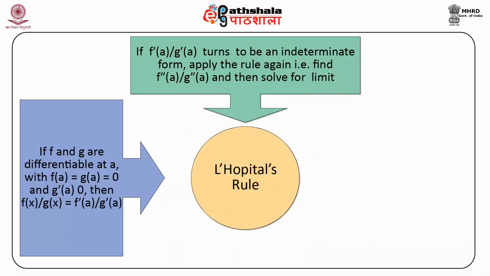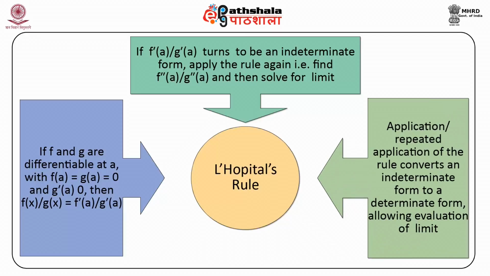If f dash(a) upon g dash(a) also turns out to be an indeterminate form, we can apply the rule again. That is, we will find f double dash(a) upon g double dash(a) and then solve for the limit. Repeated application of the rule often converts an indeterminate form to a determinate form, allowing easy evaluation of the limit.